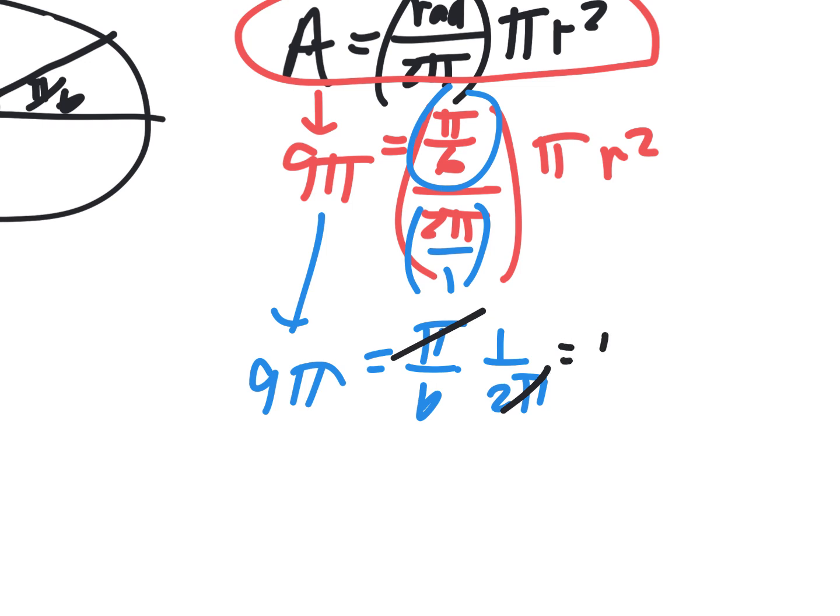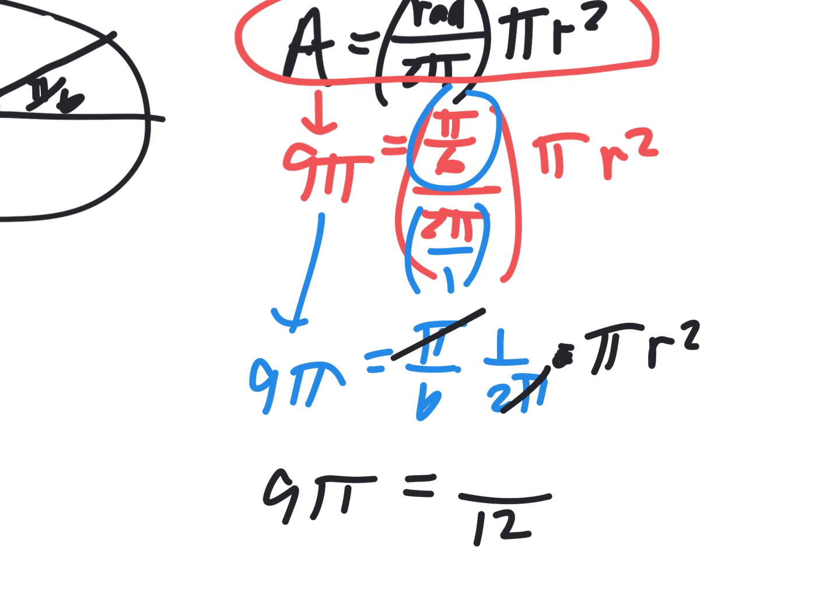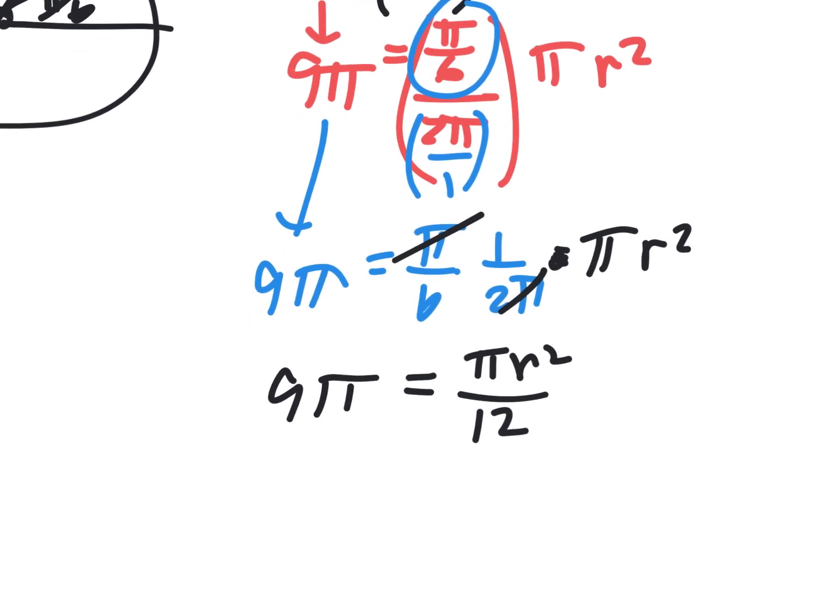And now I still have my pi times pi r squared here. So 9 pi equals, let's see, there's still a 6 times 2 is 12 on the bottom. And then there's a pi r squared on the top. So now I'm going to divide both sides by pi to get the pi off of there.